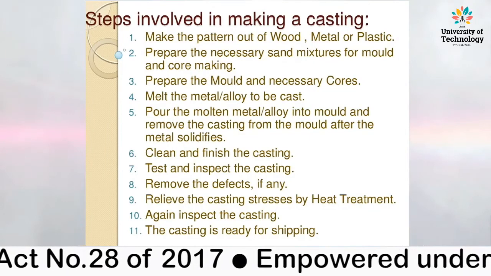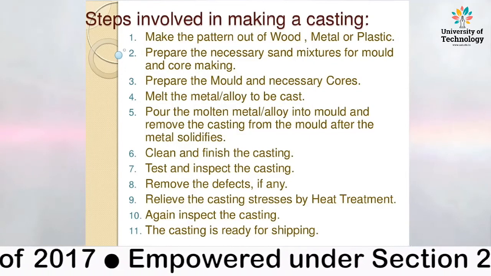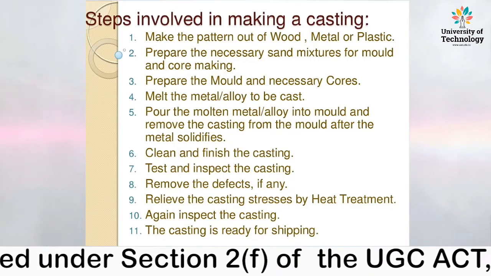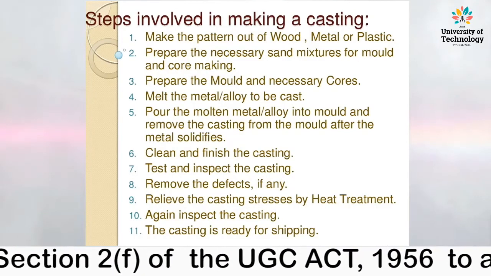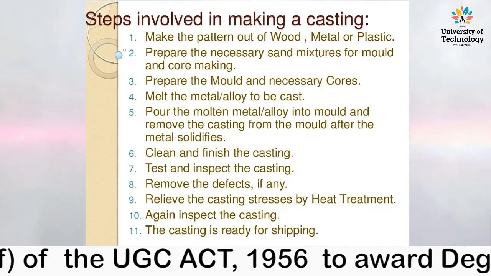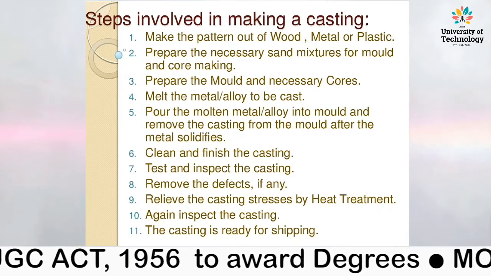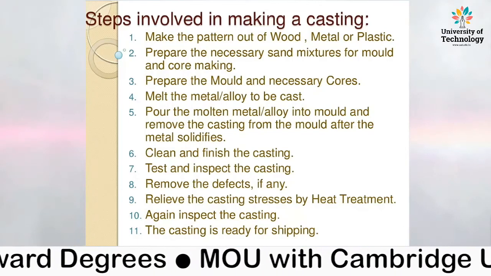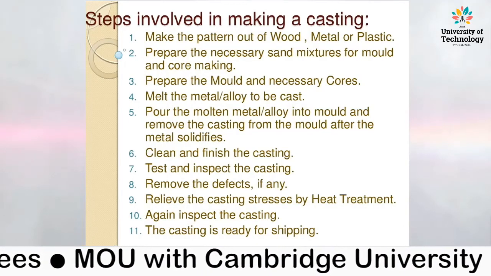Third, prepare the mold and necessary cores. Fourth, melt the metal or alloy to be cast, pour the molten metal into the mold, and remove the casting from the mold after the metal solidifies.